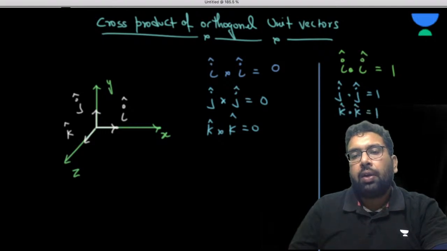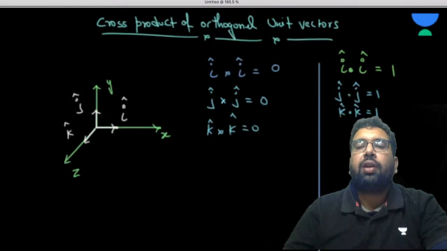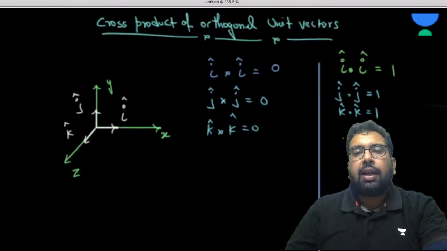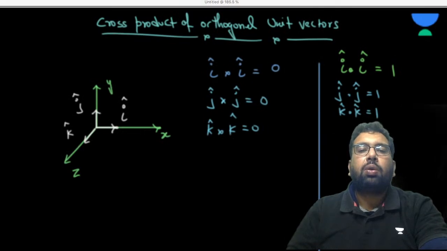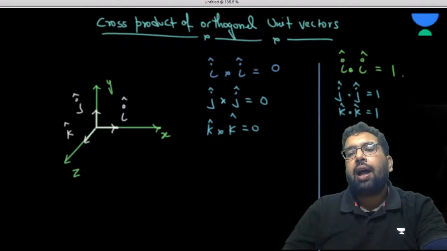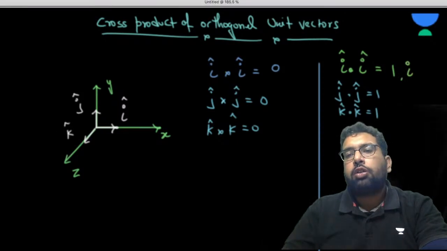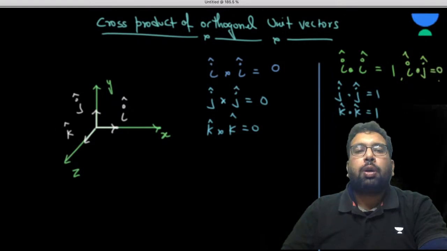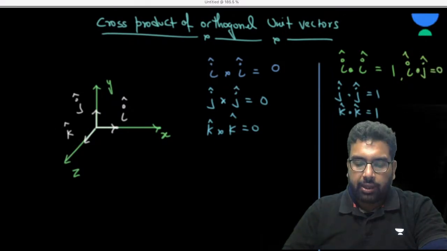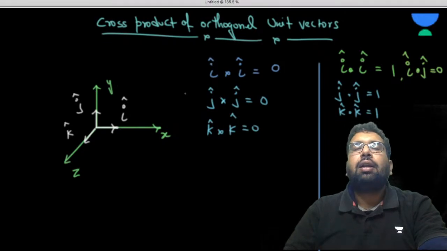Now please observe something very interesting. If two different orthogonal unit vectors are dot product with each other, like i cap dot j cap, this becomes 0, because for the scalar product we get the cos theta thing, and cos 90 is 0.